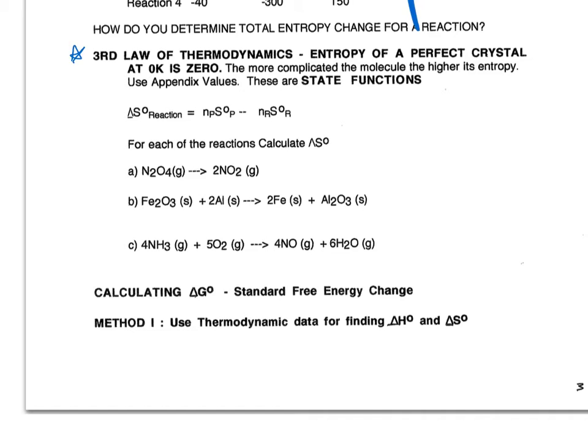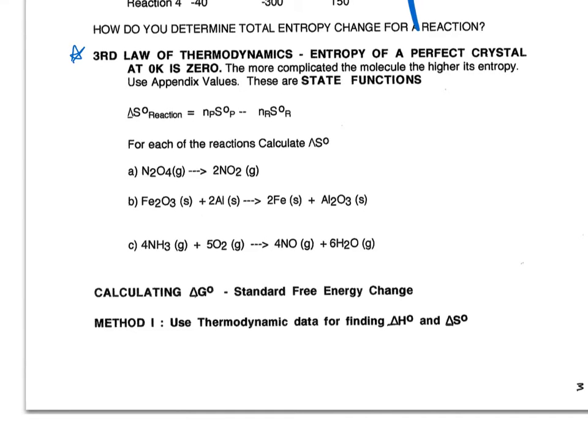Calculating delta S is not going to be difficult for you because it's basically the same way that we calculated delta H. If you remember when we talked about delta H, we had to have a standard to go by. We said that all elements in their natural state were assumed to have an enthalpy of 0. And then we could use those as a standard to determine how the compounds deviated from the actual elements.